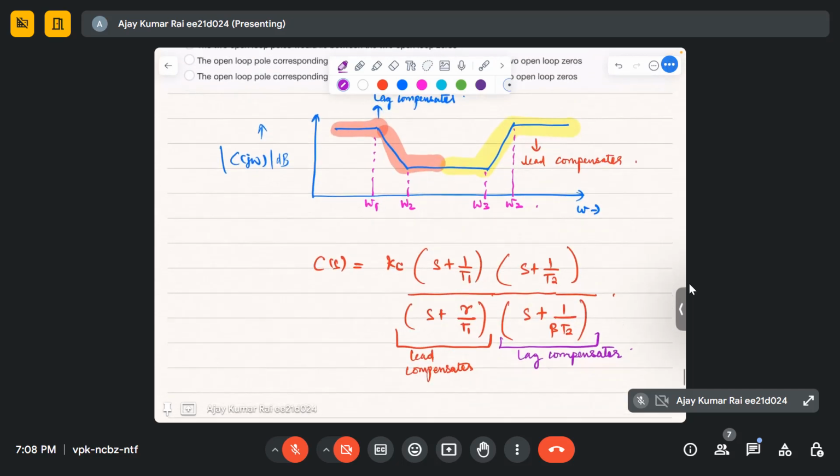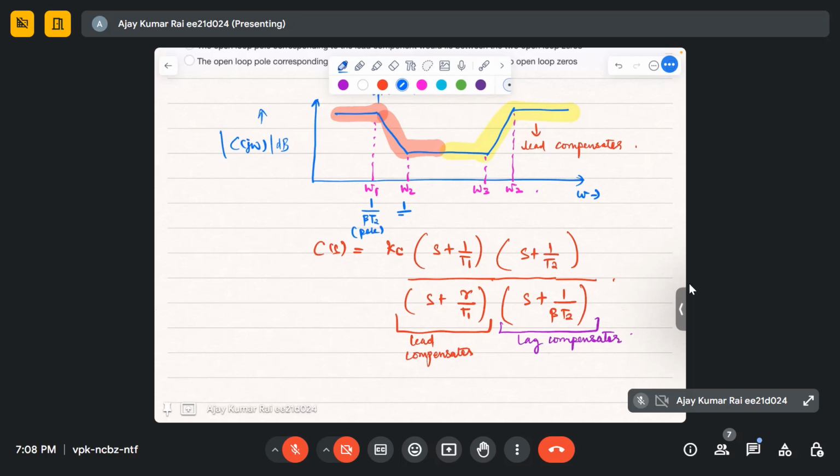What is omega 1? At omega 1 we have a pole, that's why the slope is decreasing. So the pole is 1 by beta T2. Omega 2 is again 1 by T2, so this is a zero.